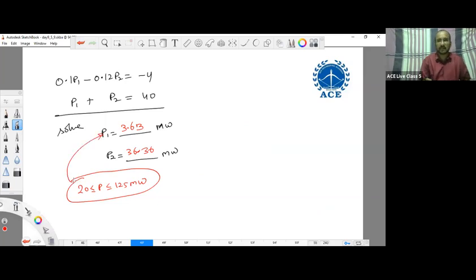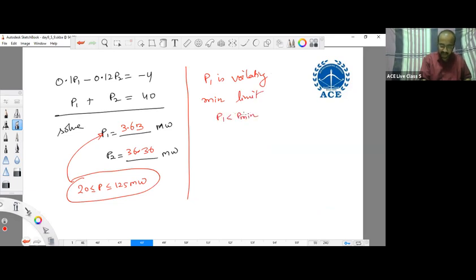Is P1 violating the minimum limit or not? Yes or no? Here P1 is violating the minimum limit, so P1 is less than P minimum. Whenever it is violating the minimum limit, what you need to set?